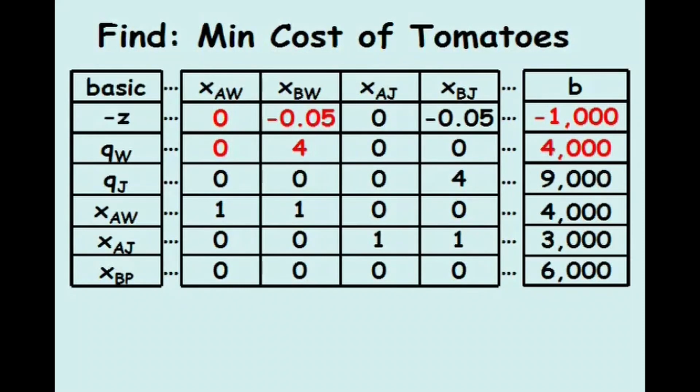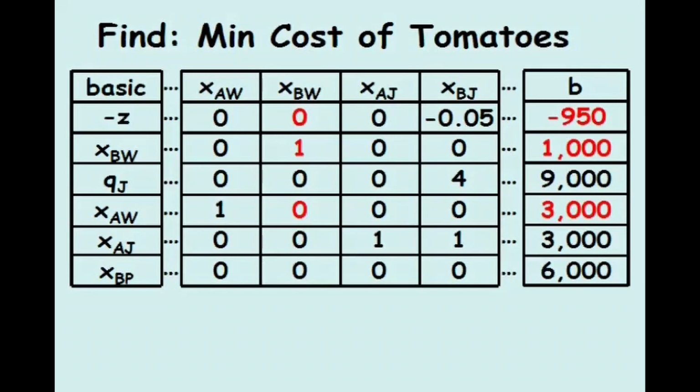Next, variable XBW will replace QW. Pivoting about XBW involves first dividing row XBW by 4, then adding 0.05 times row XBW to row Z, and subtracting 1 times row XBW from row XAW.